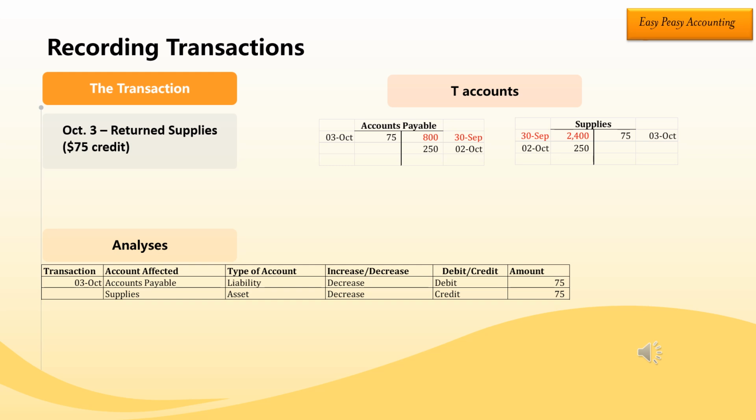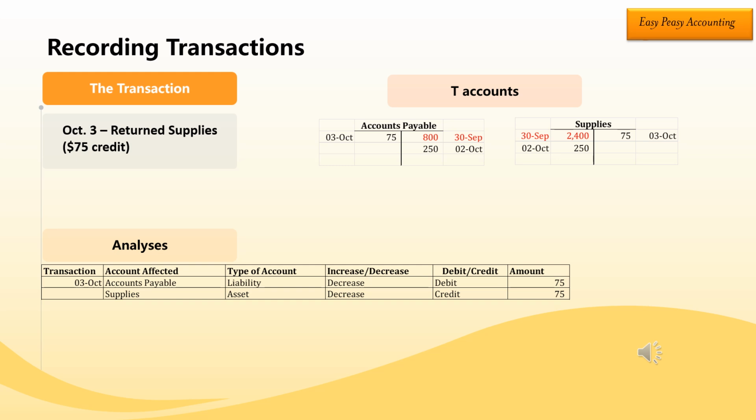Liability is credit. Liability increases on the credit side and decreases on the debit side. Assets are debit. Assets increase on the debit side and decrease on the credit side. As you can see, they're T accounts. Supplies decreased $75, recorded on the right side, the credit side of the T account, because assets are debit.